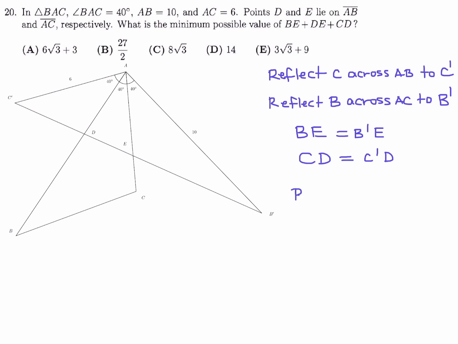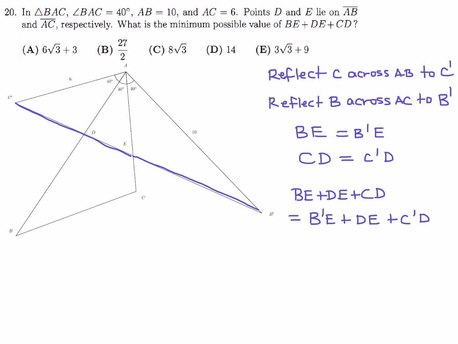So what they're asking for, which was BE plus DE plus CD, is equivalent to B dash E plus DE plus C dash D. So B dash E is the distance from here to here, DE is here, and C dash D is here.